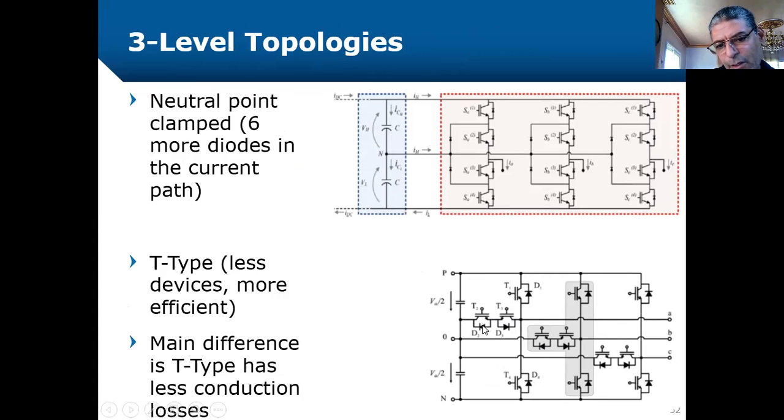For example, T3, with this diode D2, can carry the current in this direction, and T2 with D3 can carry the current in this direction. So in all possible directions of current, to apply a voltage of 0 on a phase like A or B or C, the two switches should be switched on.